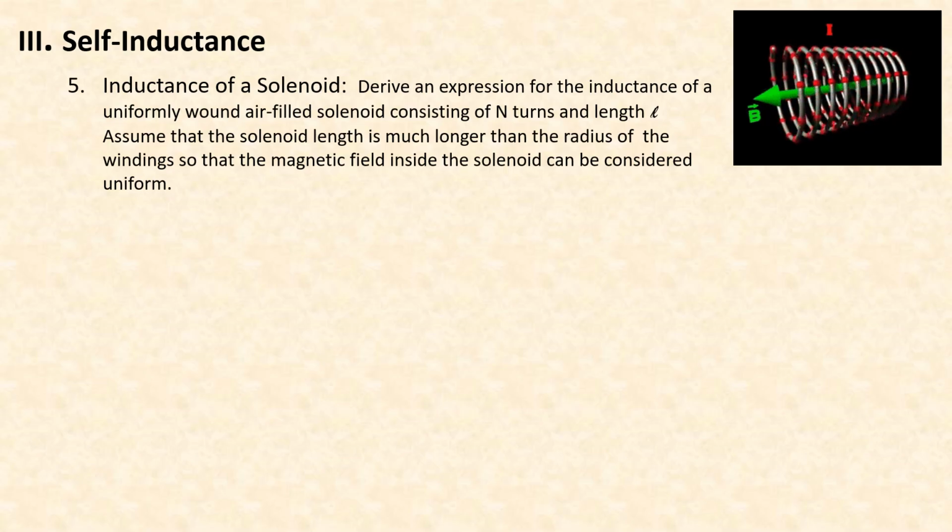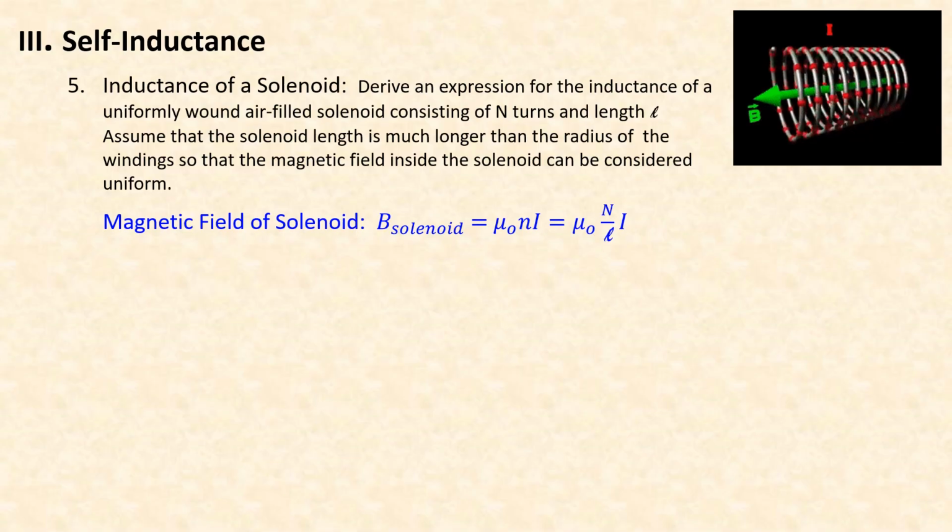So we're asked to derive an expression for the inductance of a uniformly wound air-filled solenoid consisting of N turns, length L. We're asked to assume that the solenoid length is much longer than the radius of the windings, so that the magnetic field inside the solenoid can be considered uniform and parallel to the solenoid axis.